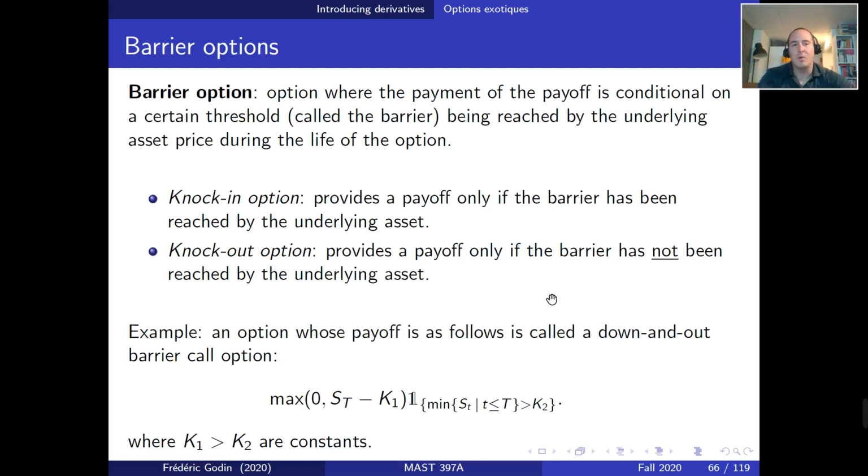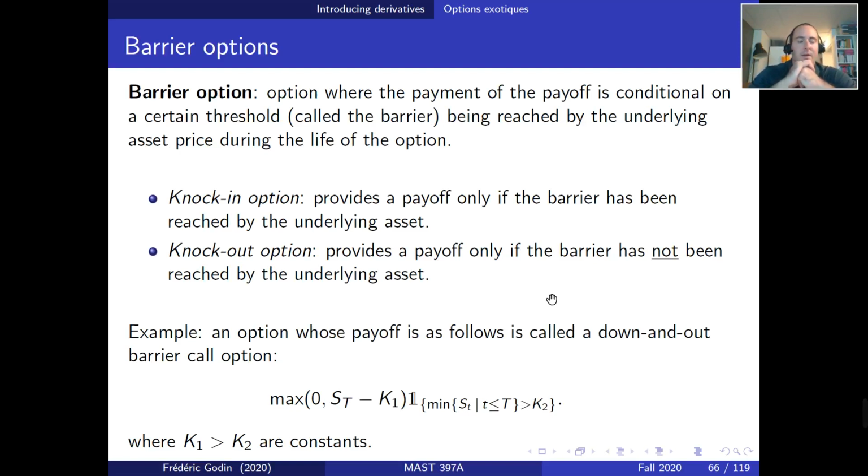We also have what we call barrier options. Barrier options are options where the payment of the payoff is conditional on some threshold being reached by the underlying asset throughout the life of the option.